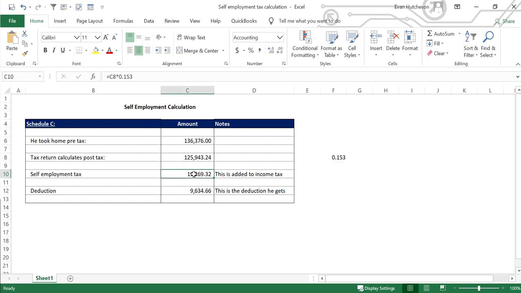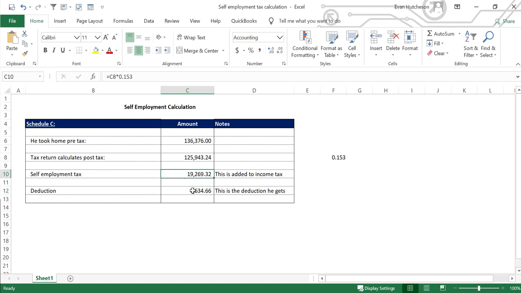So the 19,269 that we looked at on Schedule 2 is the self-employment tax. But you remember we had the ability to use this number instead of this number because he should have already paid the employer taxes. So we do get this number as a deduction, which is essentially half of this. It's just the employer portion of the payroll tax. So we get a deduction for this number, and then we pay taxes on this number.